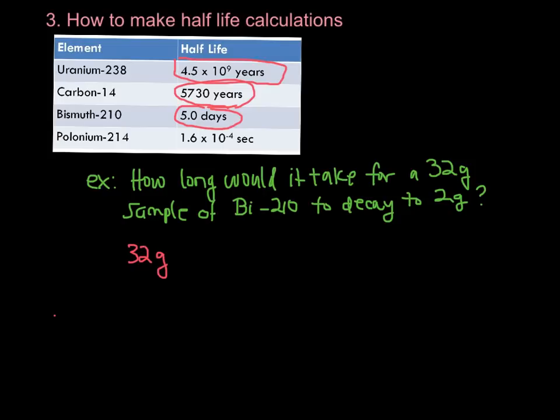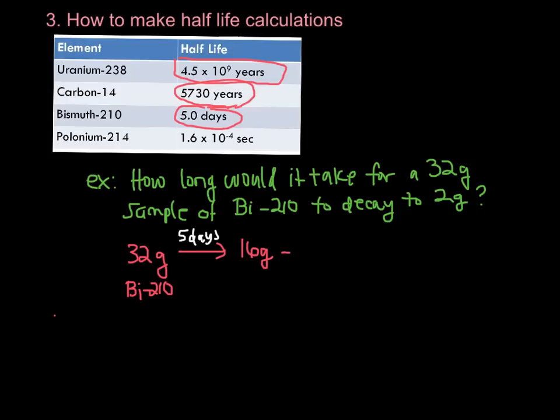So we know that we have 32 grams of bismuth 210 and that it is going to decay by half, so to 16 grams in 5 days. So one half-life, right, 5 days.